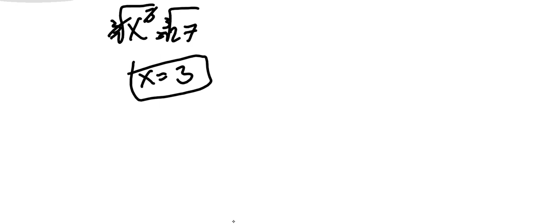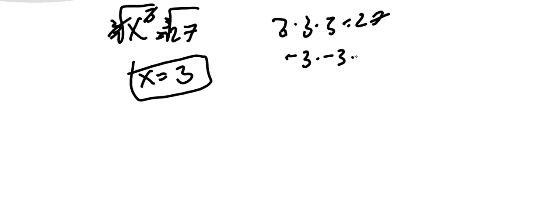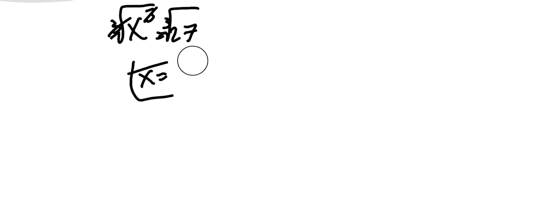And the reason we don't say plus or minus is because whilst 3 times 3 times 3 equals 27, negative 3 times negative 3 times negative 3 is equal to negative 27. Because this is just 9, and 9 times negative 3 is negative 27. So that's how you break it down. That's why it's only one answer for that one.